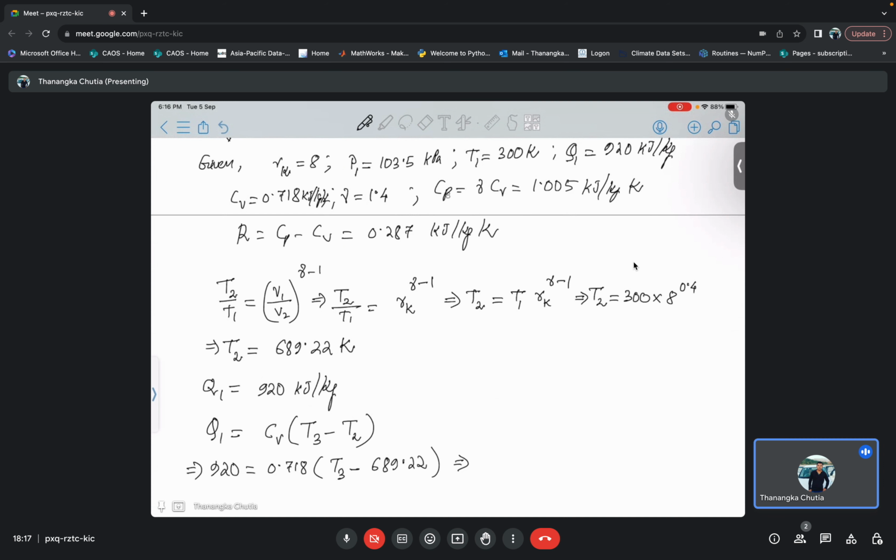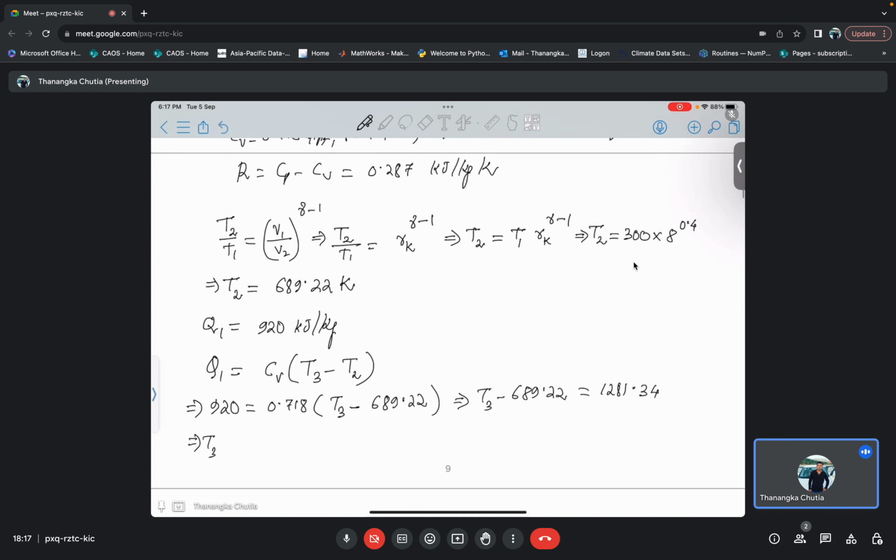So T3 minus 689.22 will be equal to 920 by 0.718, which is 1281.34. So T3 is equal to 1281.34 plus 689.22, which is 1970.56 Kelvin. So this is your T3.